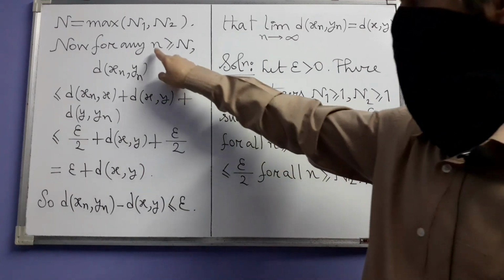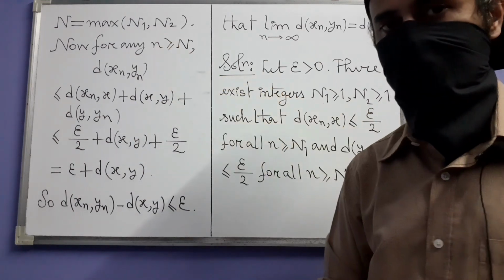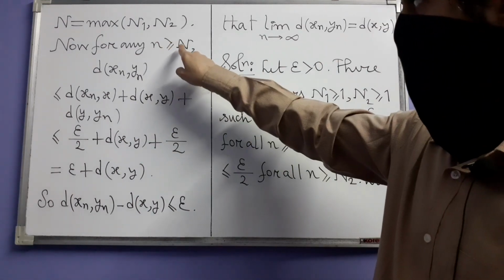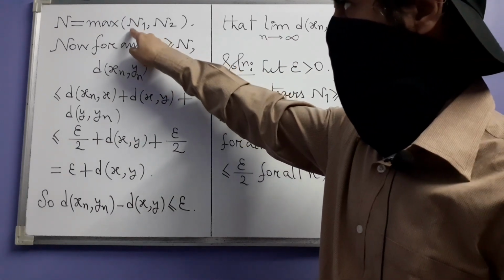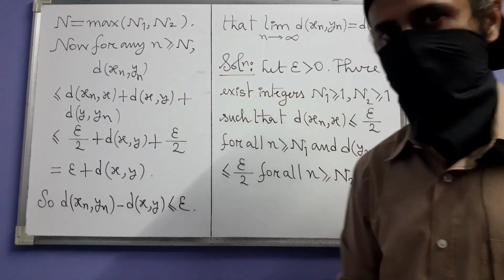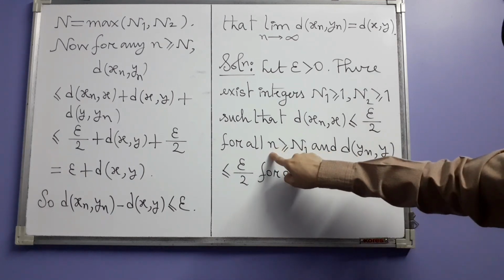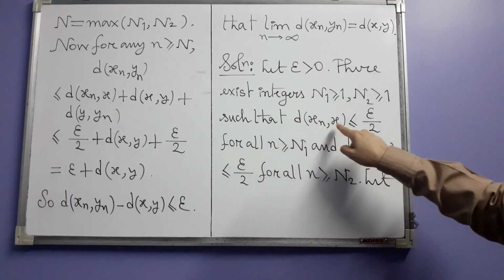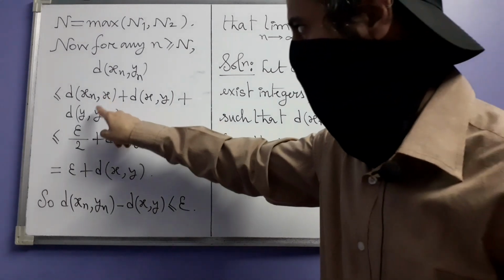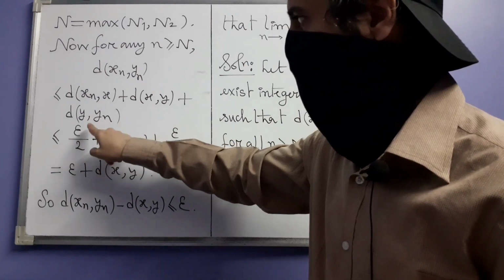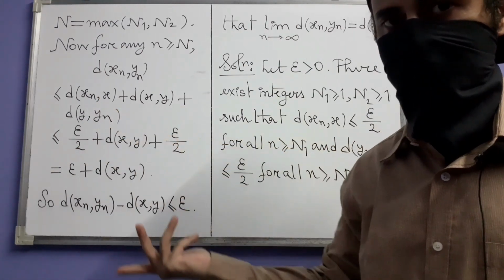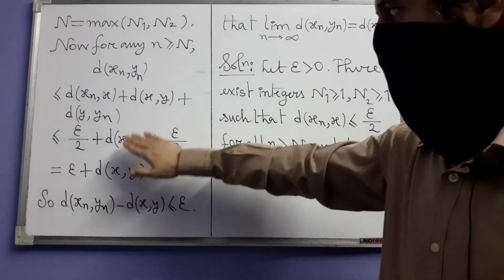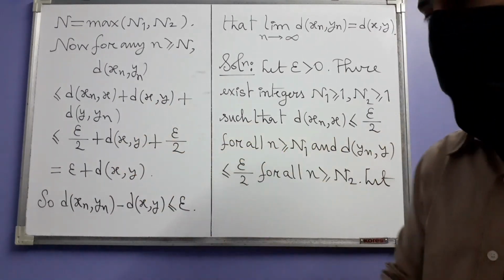Now you look at what this index n is. n is greater than or equal to capital N, so n in particular would be greater than or equal to N1 as well. But when that happens, then d(xn, x) is less than or equal to epsilon divided by 2. So if we replace this distance by epsilon over 2, then we have the inequality, and we keep this one as it is.